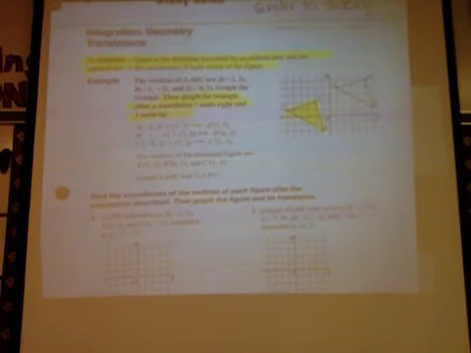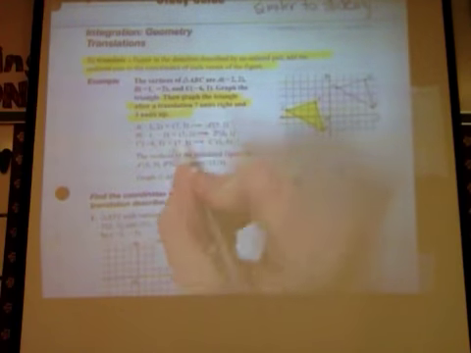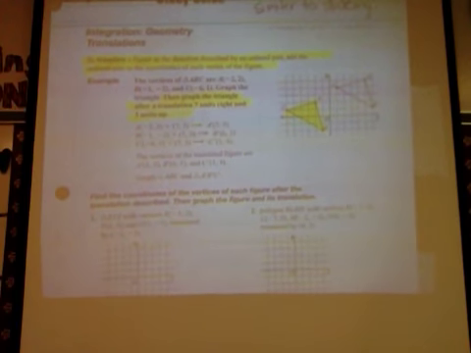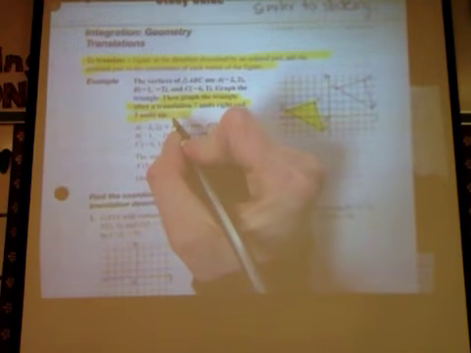Alrighty. Now, the example says, graph the triangle, then graph the triangle after a translation of 7 units right and 3 units up. So the first thing you need to be able to do is take that word problem and turn it into an ordered pair.